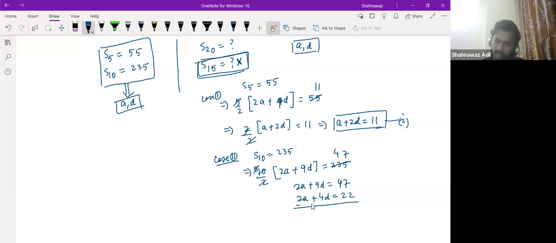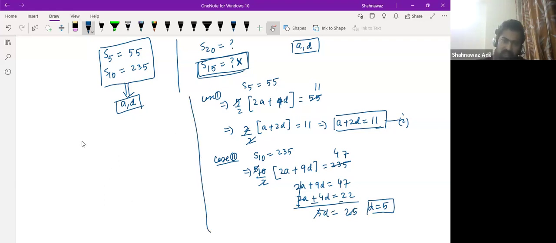This is cancelled. So 5d is 25, and d is 5. If d is 5, then a plus 2d is 11, so a plus 10 is 11, so a is 1.